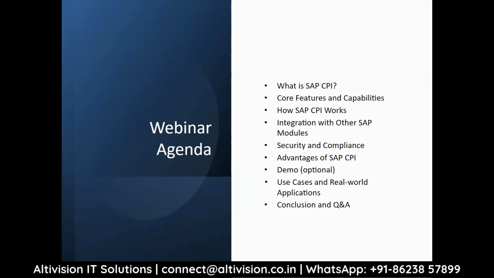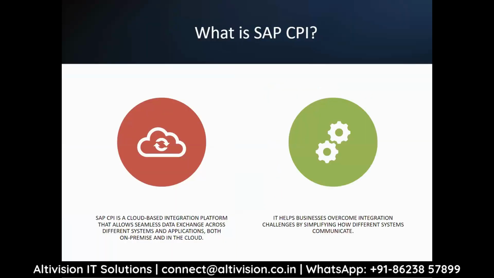Okay, so we have already seen and discussed CPI, that it is a cloud-based integration platform which is providing us seamless data integration to other systems. Okay, so as a cloud-based system, we have multiple capabilities provided by it, and it is helping businesses to grow and access data from other organizations as well.